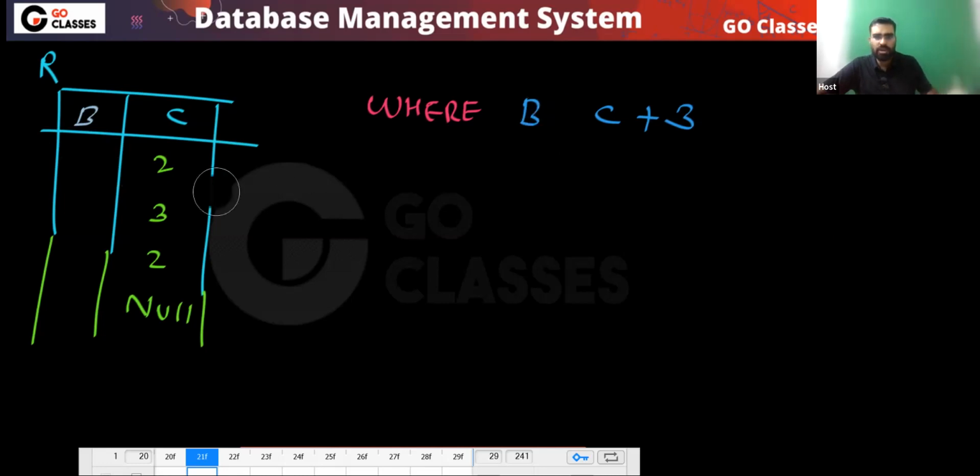That is also a comparison, or you can put equal to, that is also a comparison. So here, for example, I put 5, here I put 6, here I put null, here I put null, and here I put 5, and here I put null.